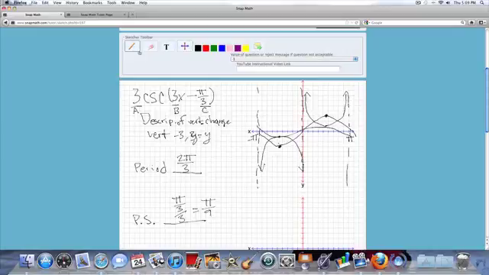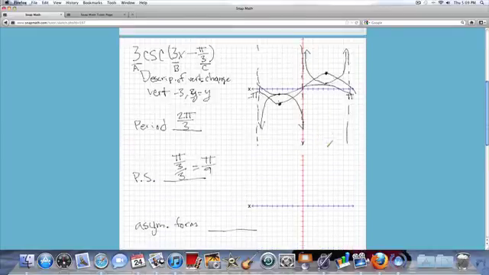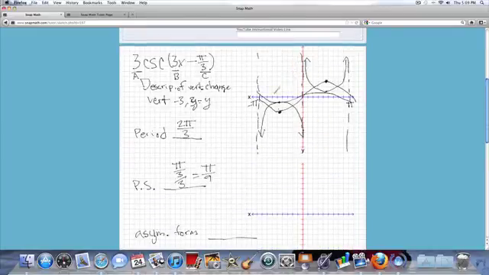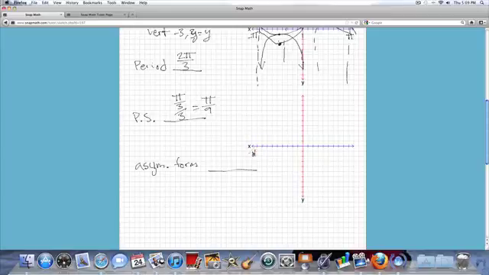If we redraw this and look at our asymptotes, we're going to squish it in. We're going to divide this period by 3, and these are going to be our asymptotes. So if this was negative pi, and this is pi over here, this is going to be pi over 3, and this is going to be negative pi over 3.